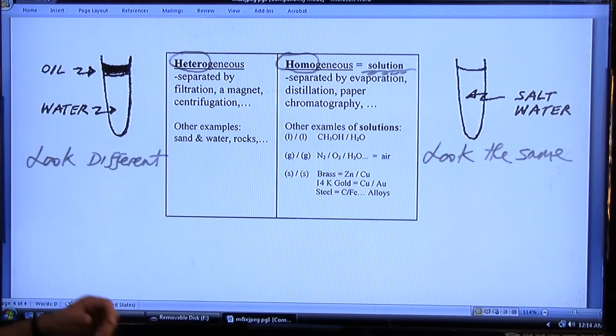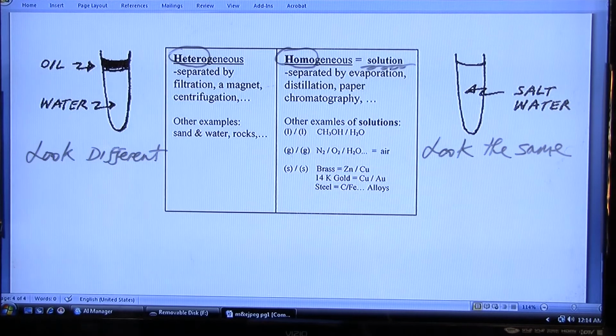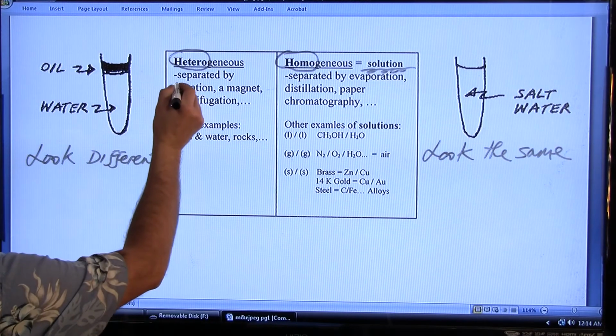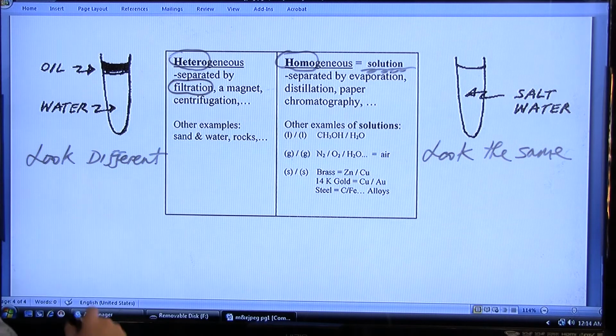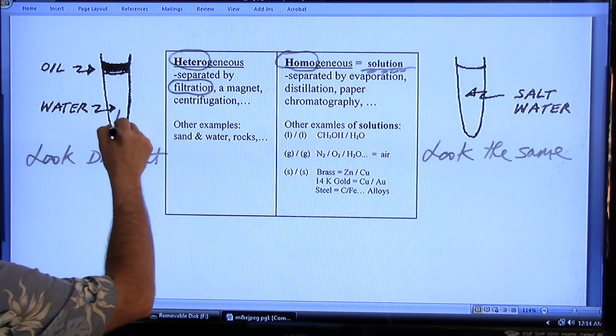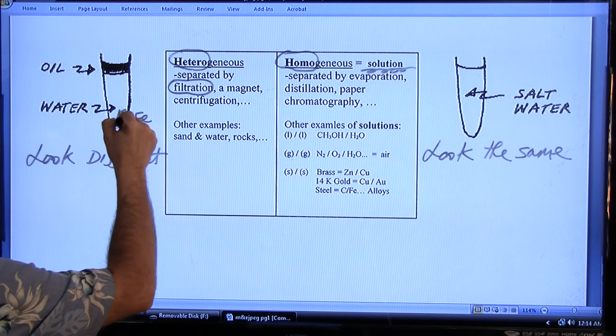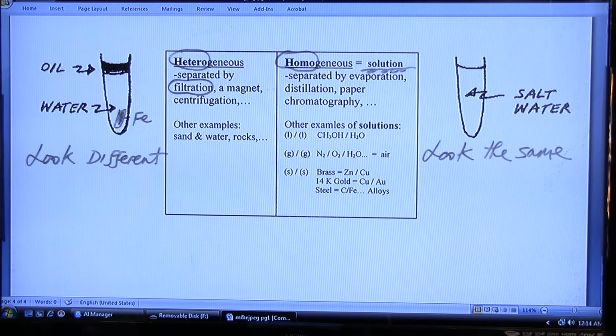If you want to separate the components of a heterogeneous mixture from each other, as in the case of oil and water, you could use a filter. And the oil would get trapped in the filter and the water would pass through. Or if you had, let's say, a piece of iron in here, Fe, you could fish out that iron with a magnet.